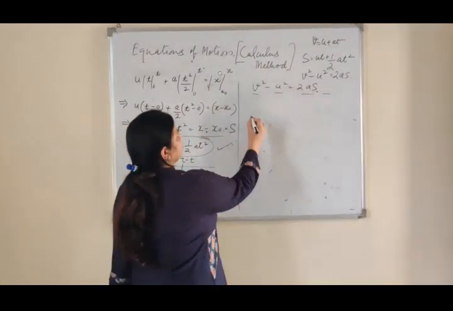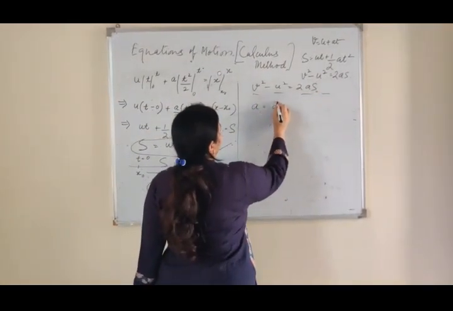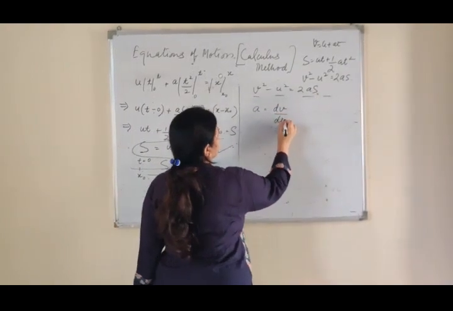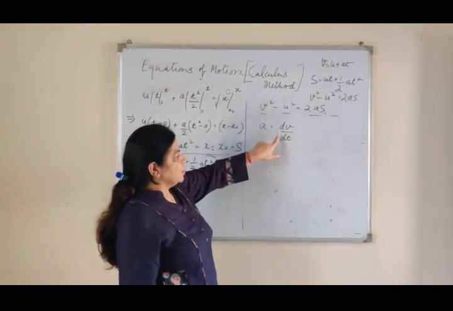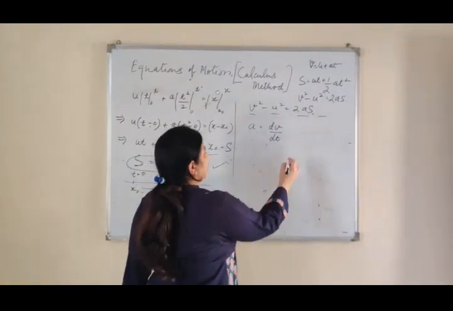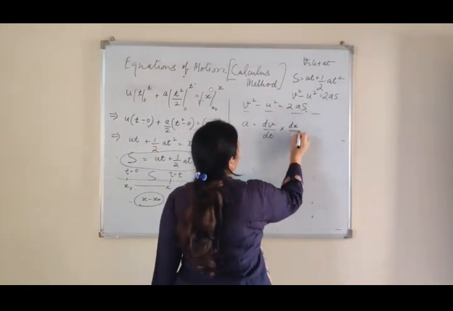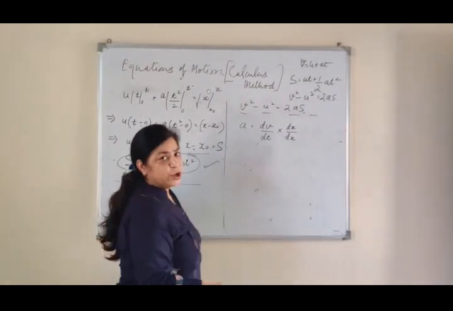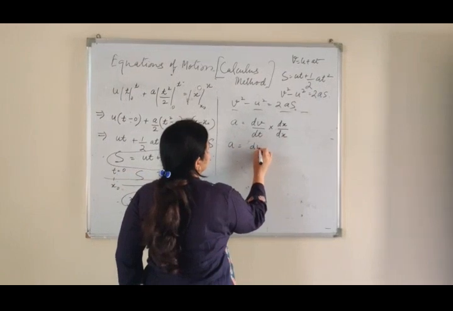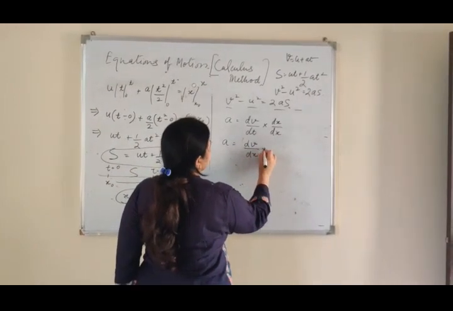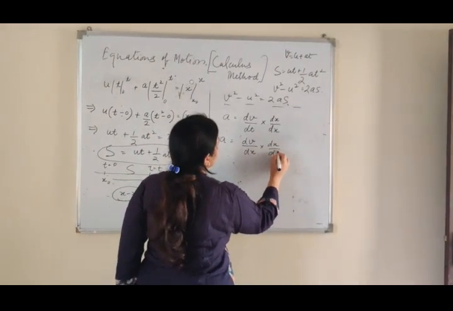So again I will start from a is equal to what? dv by dt. No problem. Acceleration is the rate of change of velocity. If I multiply by dx and divide by dx, it will not make any difference. So I can write it as dv by dx into dx by dt.